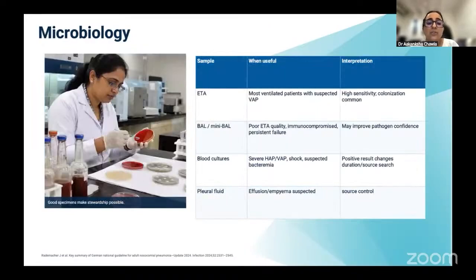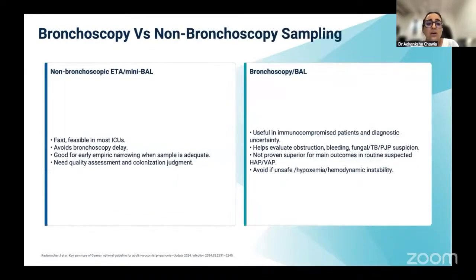So in microbiology, we send blood cultures in all patients with severe infections, endotracheal aspirates in most of the ventilated patients, BAL and mini BAL, and pleural fluid becomes specific for source control in patients who present with it. So, what is the advantage of bronchoscopy versus non-bronchoscopic sampling? Remember, a non-bronchoscopic endotracheal aspirate or a mini BAL is quick.